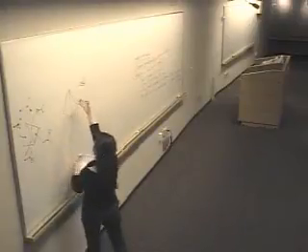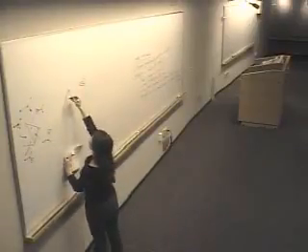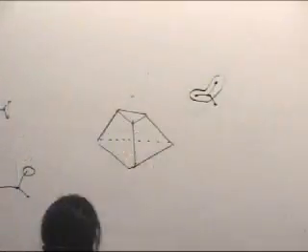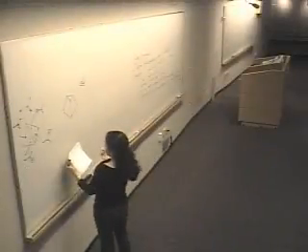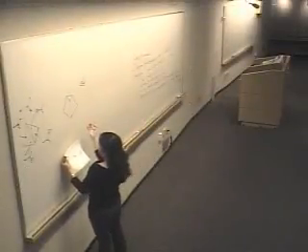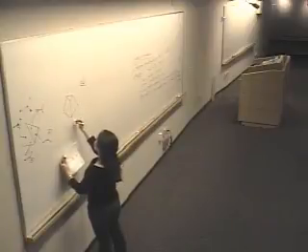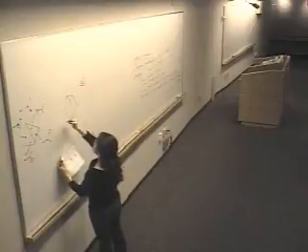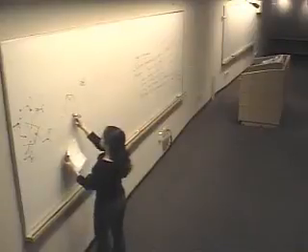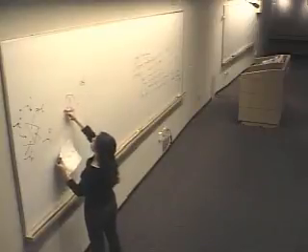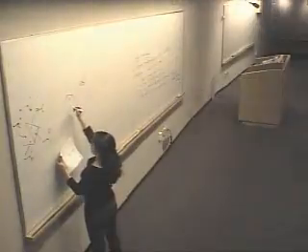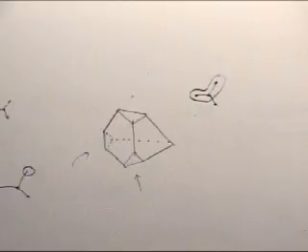So now we want to truncate the polytope here, and we get this. And now the other things that we're going to truncate are going to be this vertex and also this vertex. So we're going to get something that looks like this, and something that looks like this.